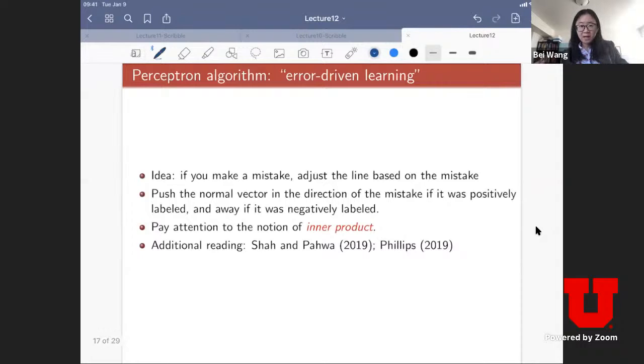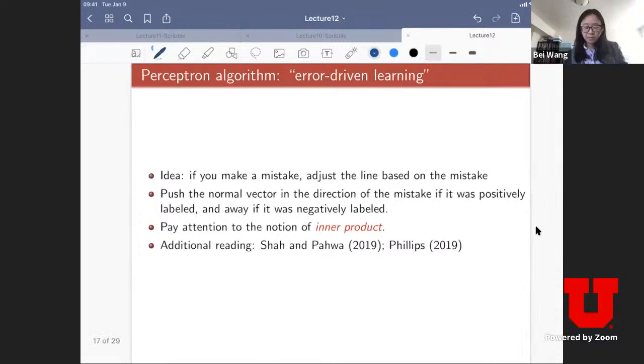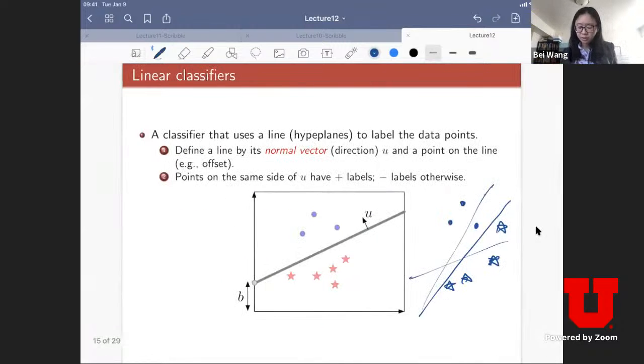Now, the second type of classification is called the perceptron algorithm. The perceptron algorithm actually has a lot of similarities with the linear classifier I just described, because what a linear classifier is trying to do is find a linear separator that reduces the error, right?